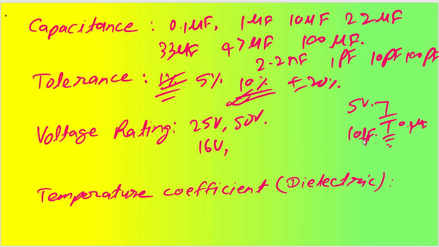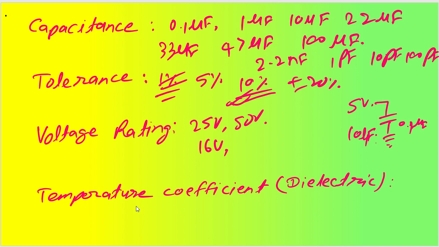For the lower values of capacitors, you need to have a minimum double or triple voltage rating. But for very high values of capacitors, let's say 100 microfarad, and a very high voltage, let's say 50 volt is required, then you can go ahead with 100 volt, or maybe 63 volt. There you don't need very high room. 20% or 30% room will be enough for very high voltage capacitors.